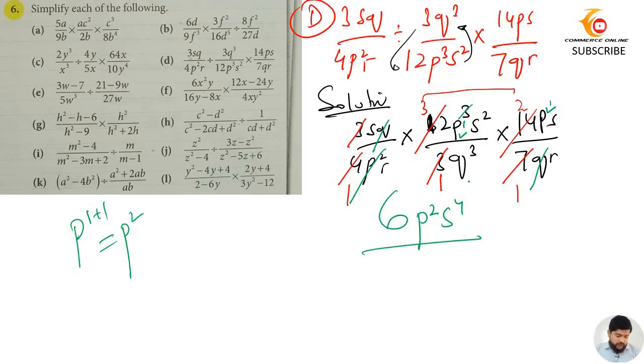Now what will remain in the numerator, that is r is here, r is here, both multiplying, that will become r square, and we have q cube. That is the answer.